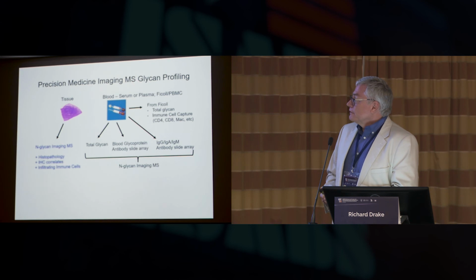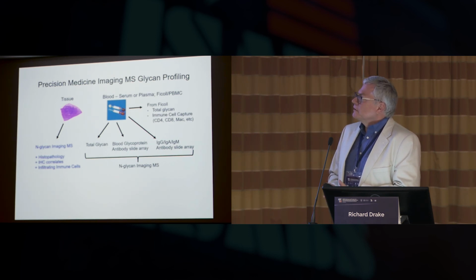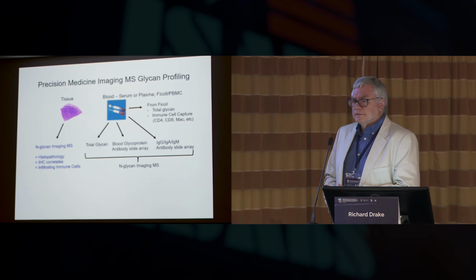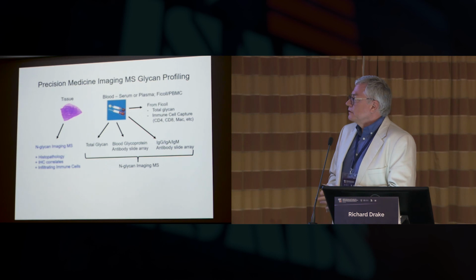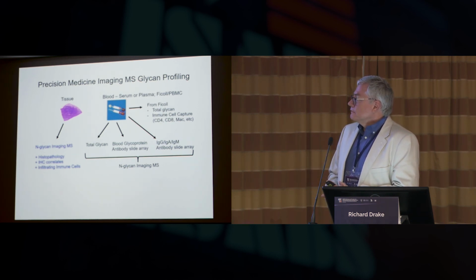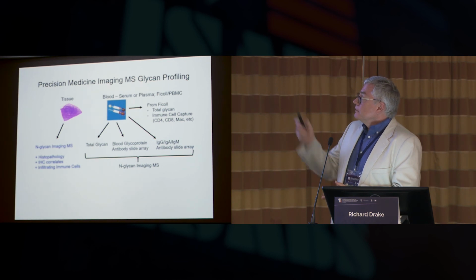And really this is where I'll end. This is our vision component. I think it integrates well with the Human Glycome Project. For an individual sample, particularly on the cancer patient aspect where we're going to have tissue at some point, linking the N-glycan imaging as well as other targets, but then doing blood.